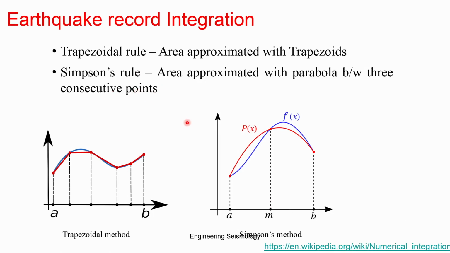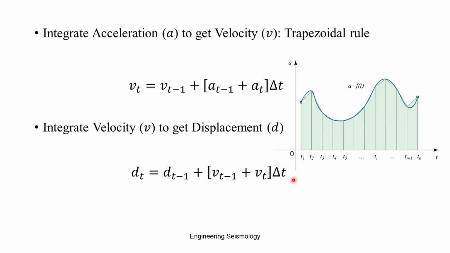You only need to know which data should be integrated, which should be differentiated, and what method to use. This is how the trapezoidal rule is applied, and this is how Simpson's rule is applied, and using them you can convert the data from one form to another.